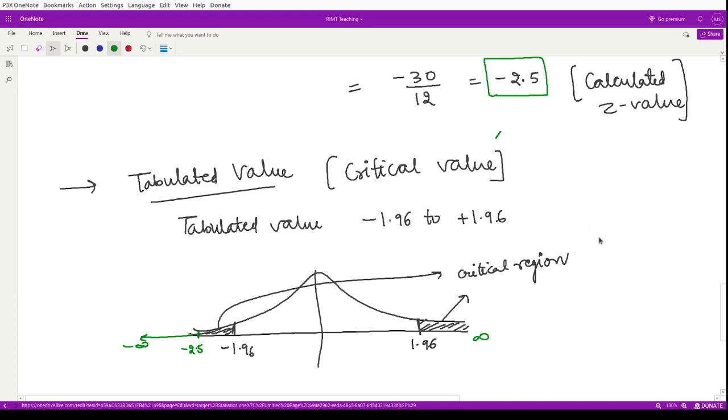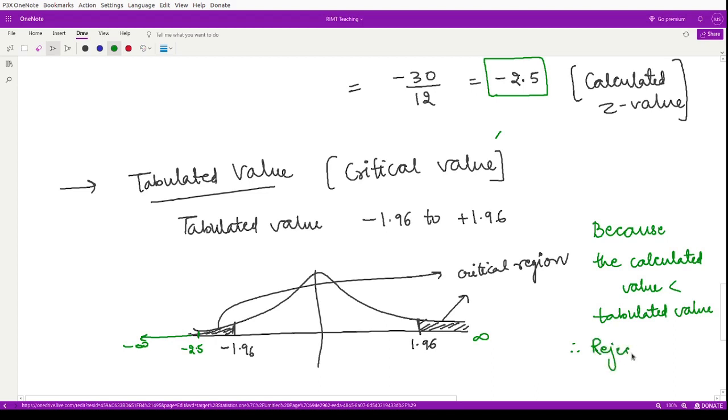Yes. So let me write down: because the calculated value is less than the tabulated value, in this case you reject the null hypothesis.